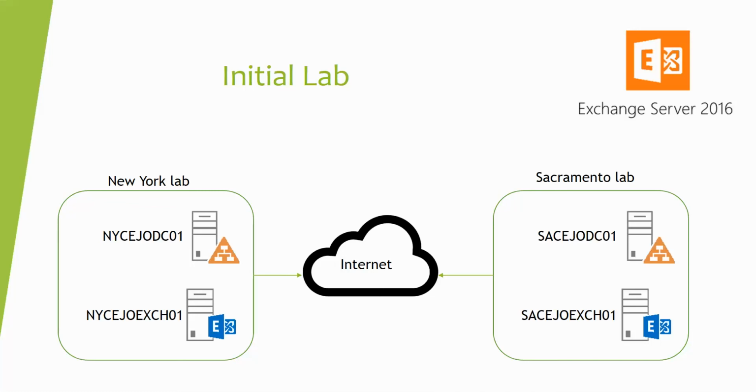Later on, when we learn new things, we will add one more domain controller on each side and one more Exchange server on each side, and we will see how we will do the load balancing between our domain controllers and our Exchange servers, like if one Exchange database goes down or one Exchange server goes down, how the other is going to handle it. I hope that this is going to be useful for all of you.